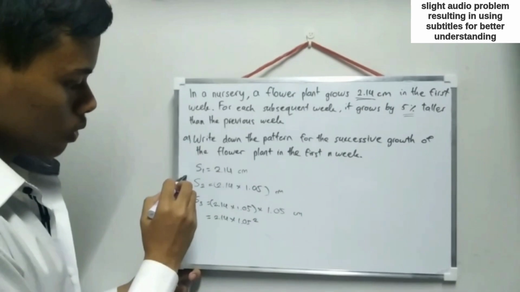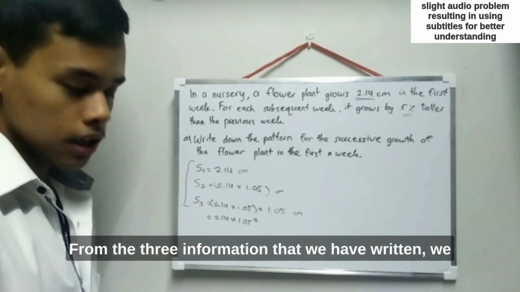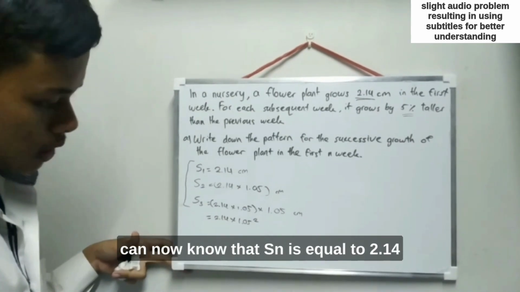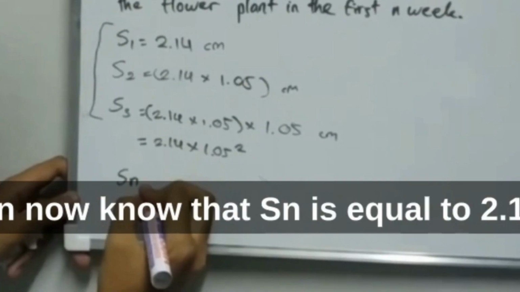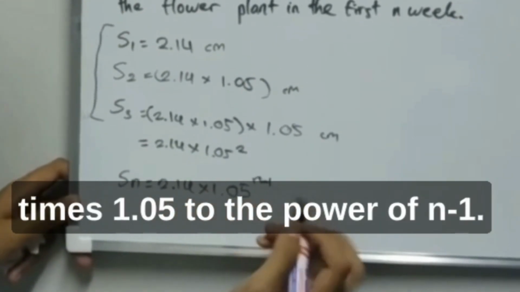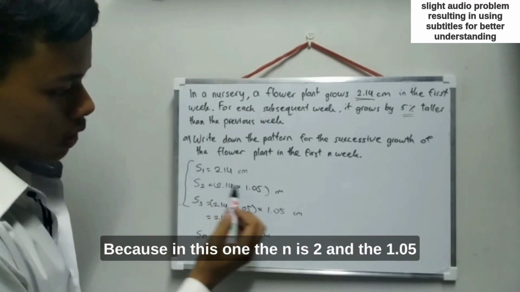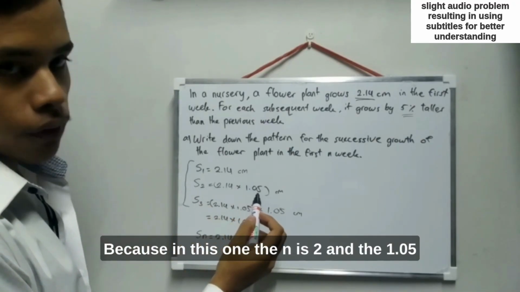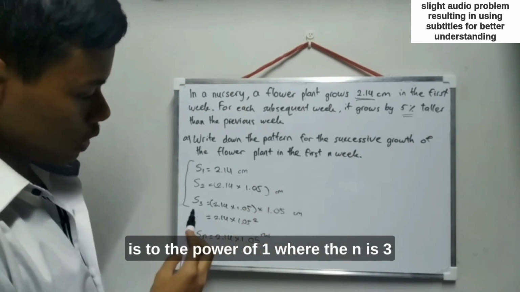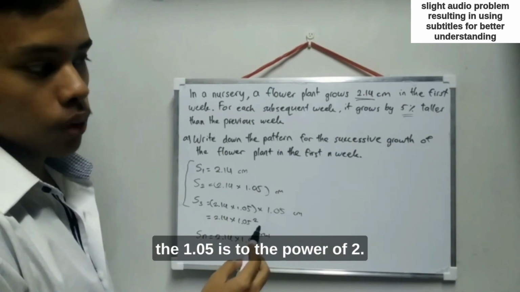From the three information that we have written, we can now know that Sn is equal to 2.14 times 1.05 to the power of n minus 1, because in this one the n is 2 and the 1.05 is to the power of 1, while the n is 3, the 1.05 is to the power of 2.